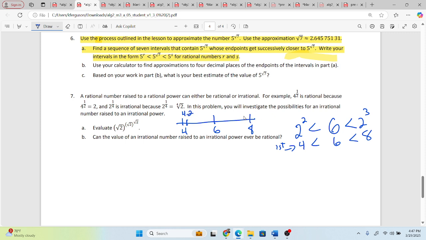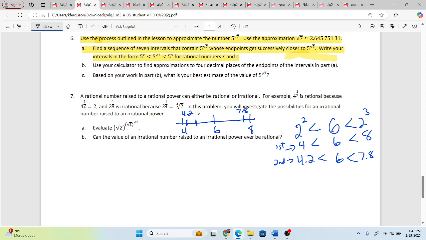So for instance, how about right here, 4.2 and 7.8. That's closer. I mean, not much closer, but so my numbers are going to be 4.2 is less than 6, and 6 is less than 7.8. So that's my second interval. I got 5 more to go. So how about the next one?